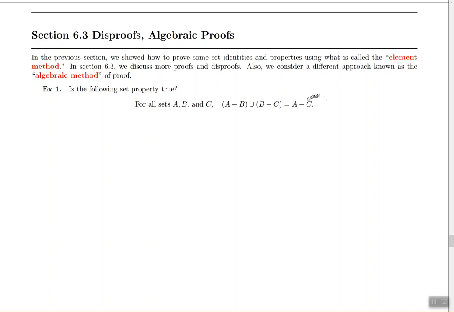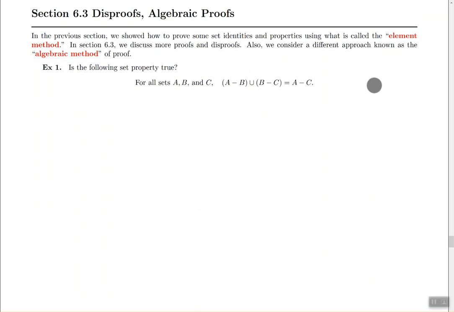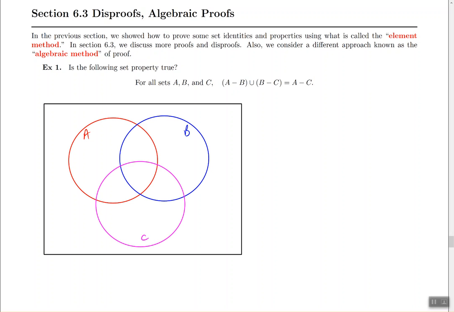Okay, so the question here in example 1 is: is this property true or false? And the way I'm going to do it is by building a Venn diagram and testing whether the left-hand side will equal the right-hand side. So to start off, I'm going to build 3 little circles in my universe. The little box represents the universe, usually called capital U. And each of the circles is going to contain numbers.